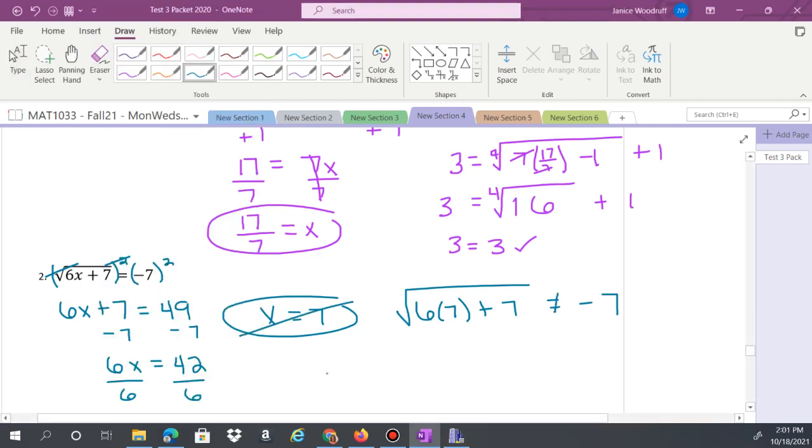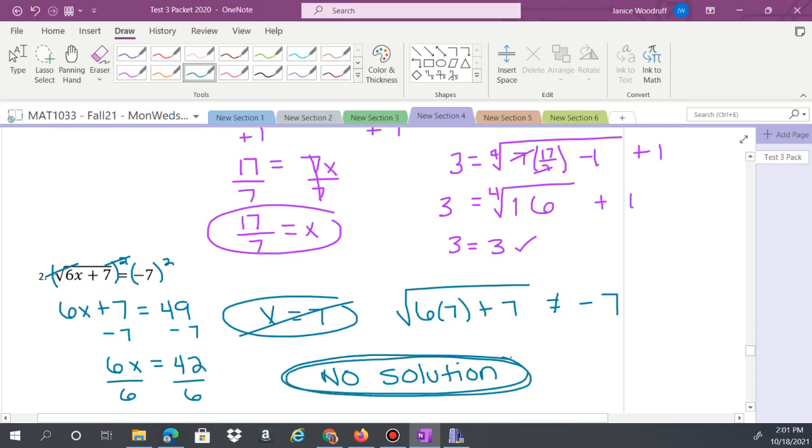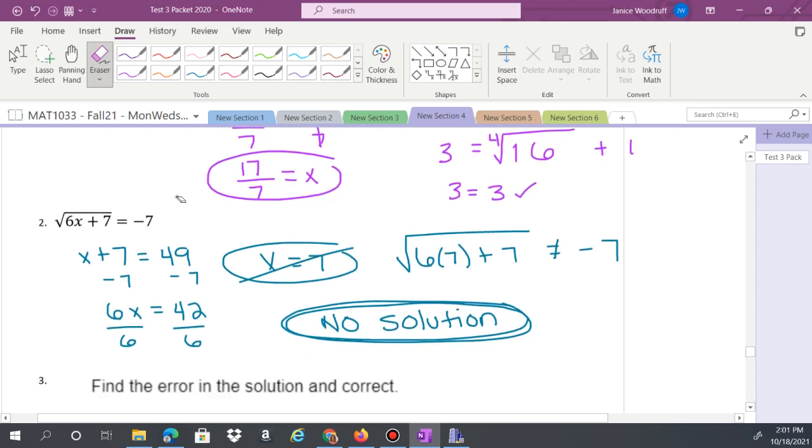So I throw this out and I say no solution. And if you saw that right away, once the root is isolated and it's negative on the other side, you can see that right away. It's going to be no solution. So you can just write that.